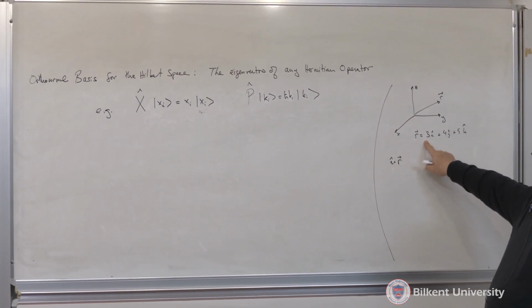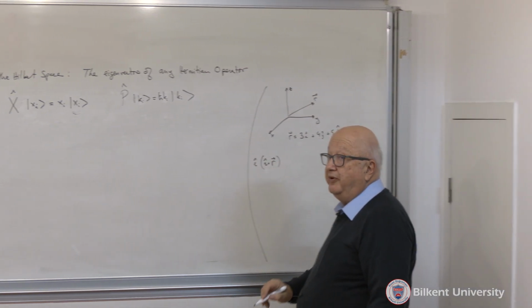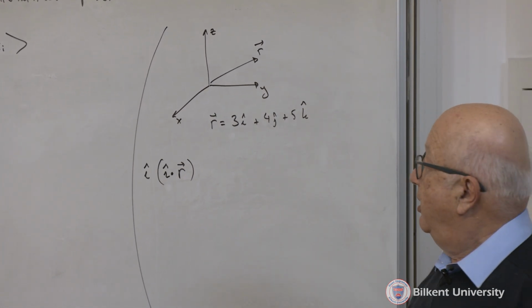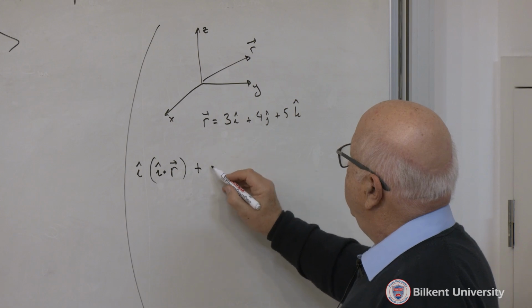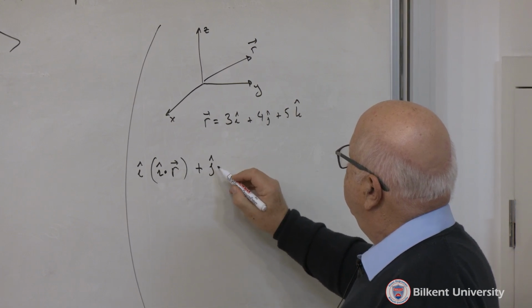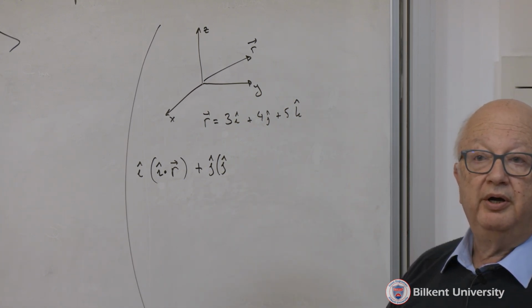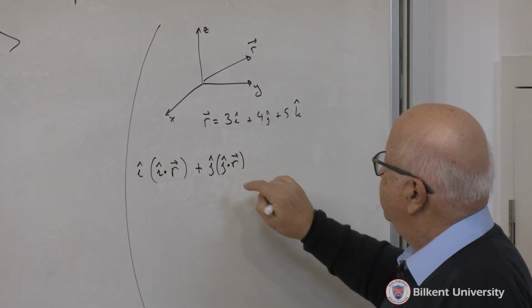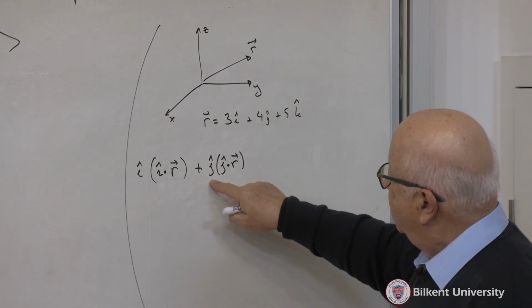3. Then suppose I multiply it by the unit vector in the x direction. And now suppose I do it for all of them. I take the unit vector in the y direction, dot r, so that I find the y component, and multiply it by that.